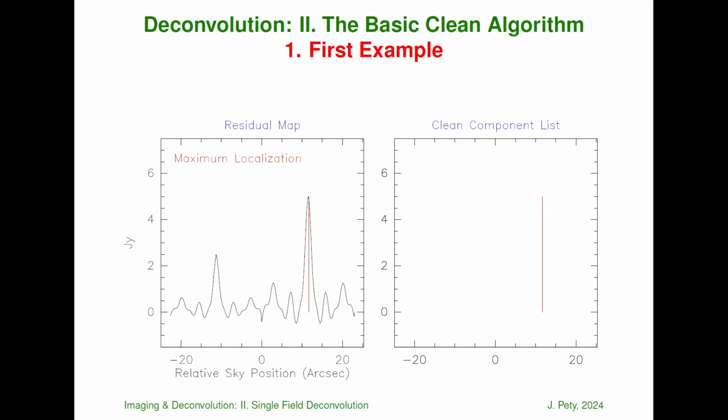Then we subtract the contribution of this point source from the residual map. The contribution is just the multiplication of this point by the dirty beam, because this point source is a Dirac, and we subtract it and end up with 0. Okay? That's easy. We iterate.